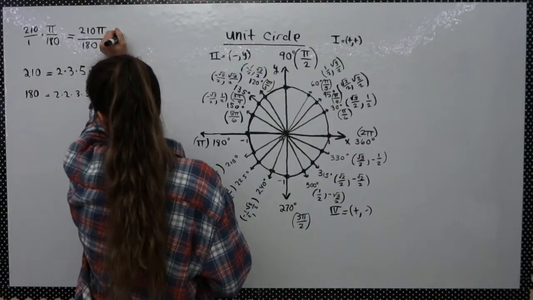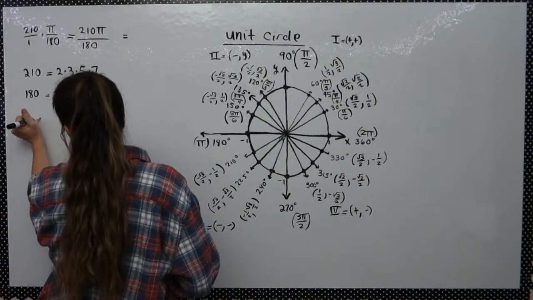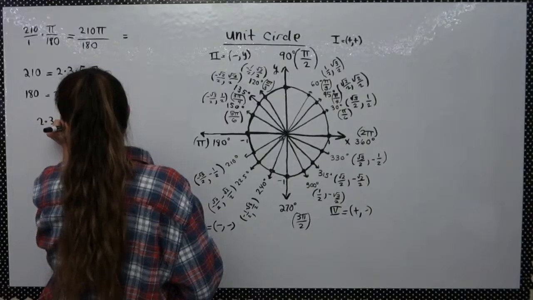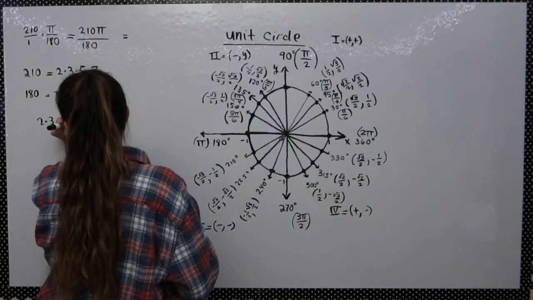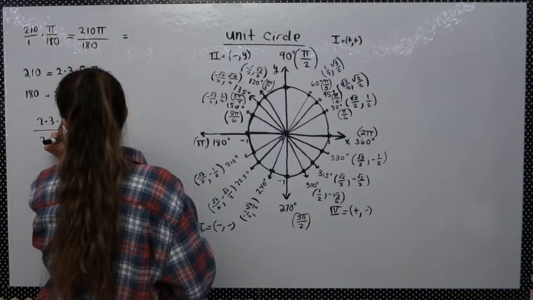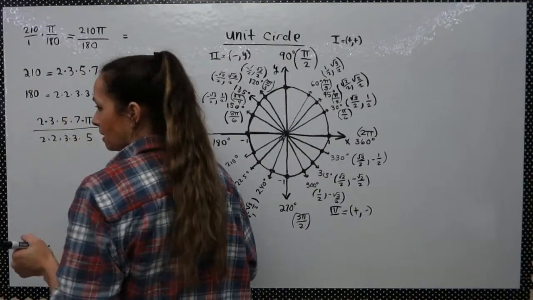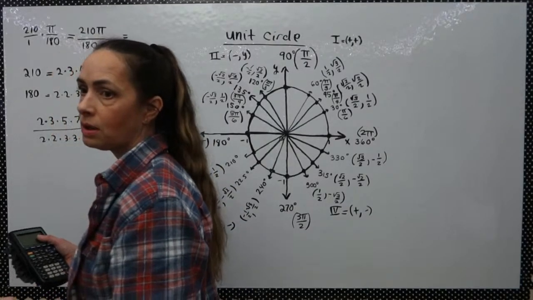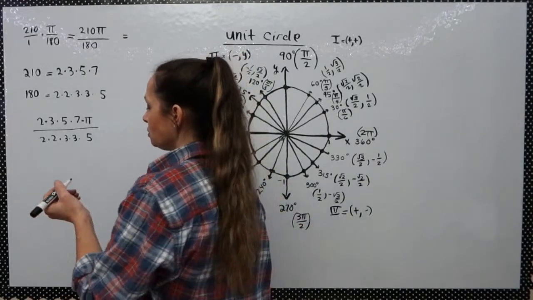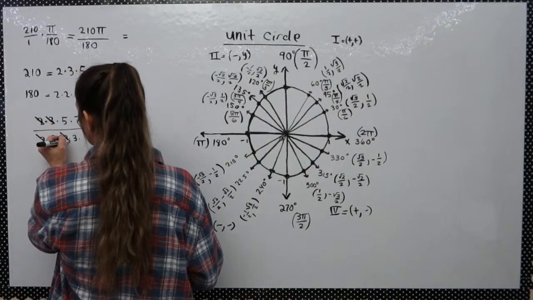So that is going to give me, that becomes 2 times 3 times 5 times 7 times pi divided by 2 times 2 times 3 times 3 times 5. And since anything divided by itself is equal to 1, then you can cancel out any factors that are in common.